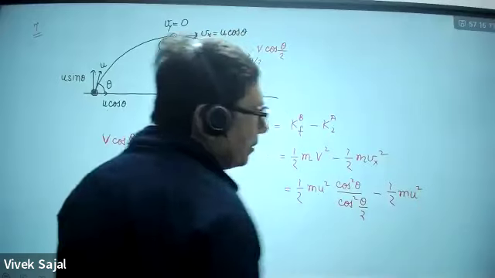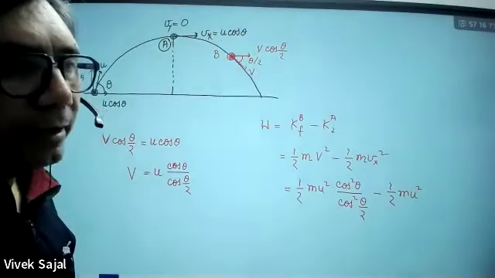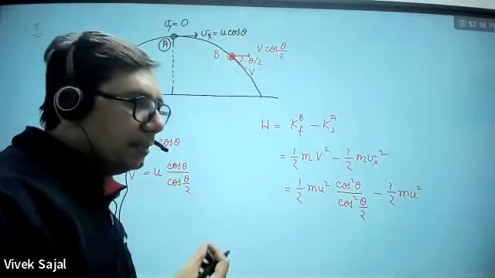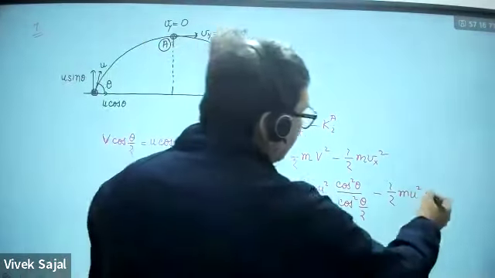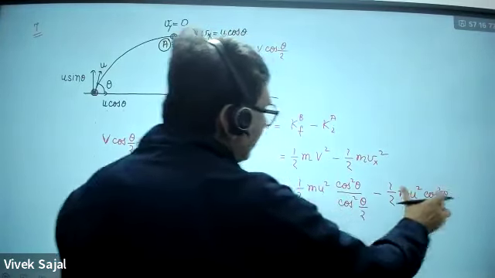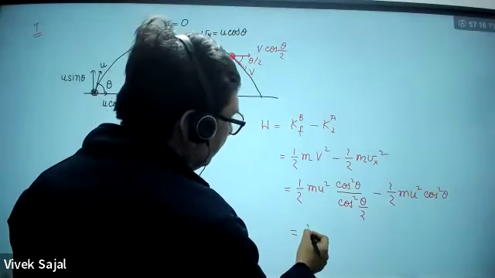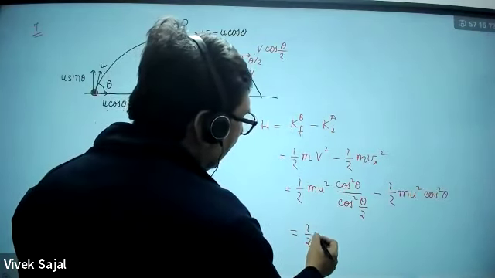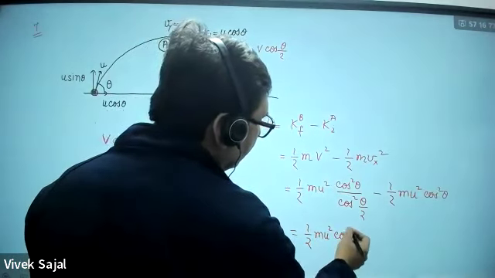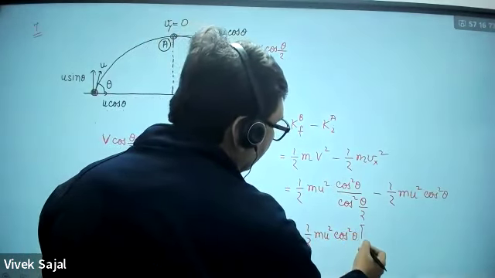This is a very good question. They can ask you by providing numbers. I'm solving this in algebraic terms. So take 1 by 2 m U square cos square theta common. What will be there?